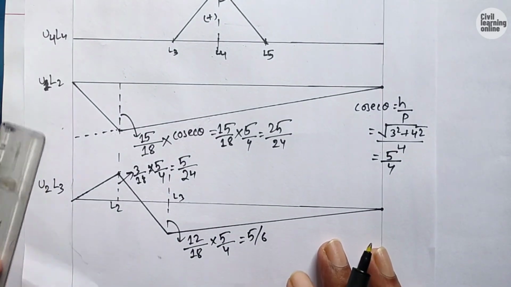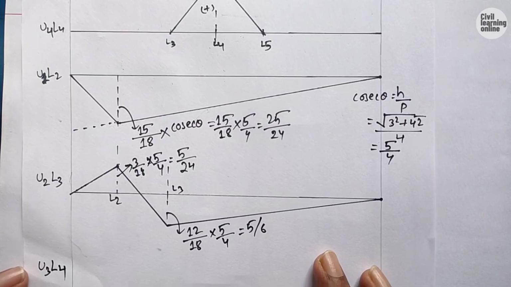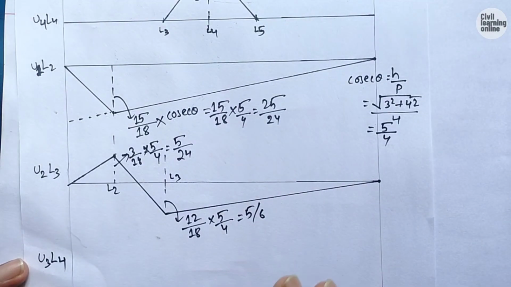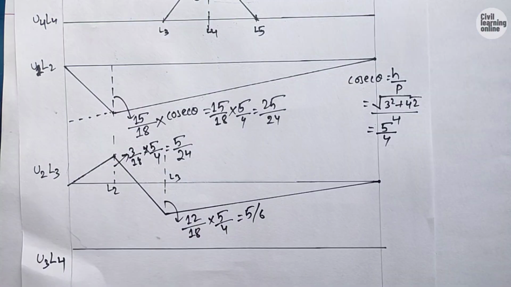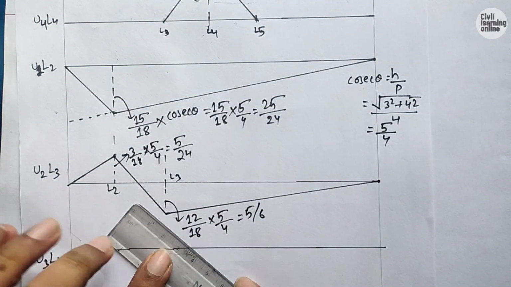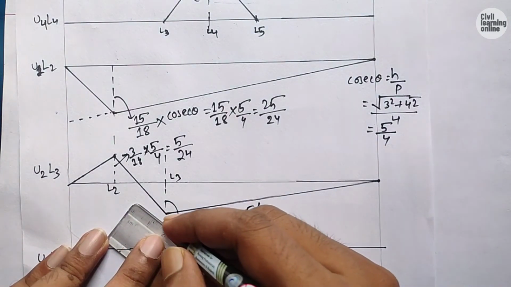Now we need to draw the influence line diagram for another diagonal member, that is U3 L4. This is the final diagonal member whose influence line diagram we need to find here. While drawing it for U3 L4, our value of loading again changes its sign from compressive to tensile.